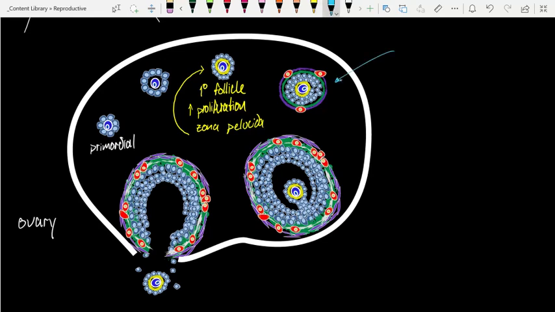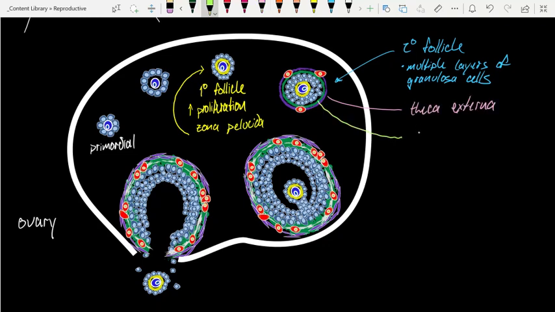As we next transition over to the secondary follicle, you can see now multiple layers of granulosa cells, but you also see some connective tissue that contains a new cell type. We have on the outside a structure called the theca externa, and on the inside a theca interna, and these contain a new cell type, the other cell type that we introduced at the beginning, the thecal cell. It's still unknown actually where these cells come from.